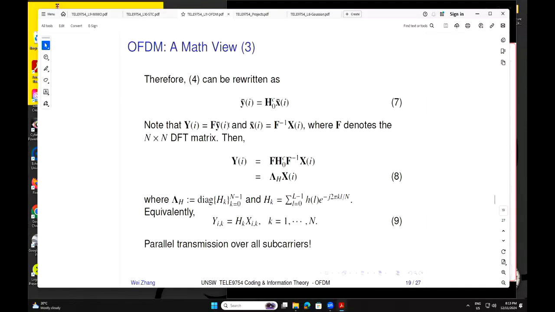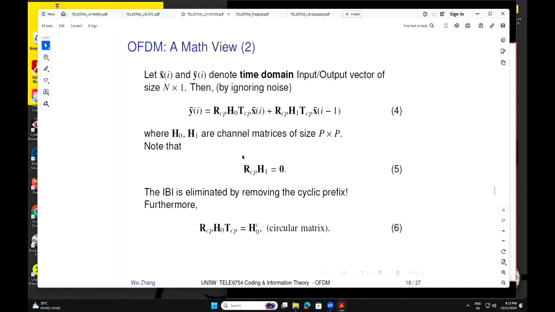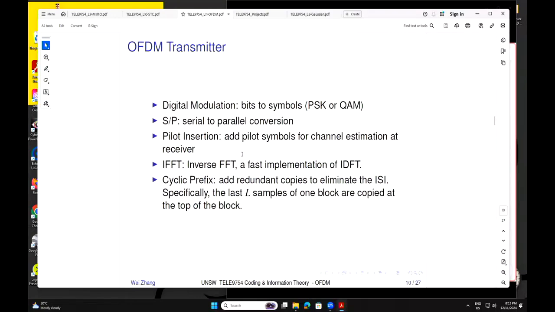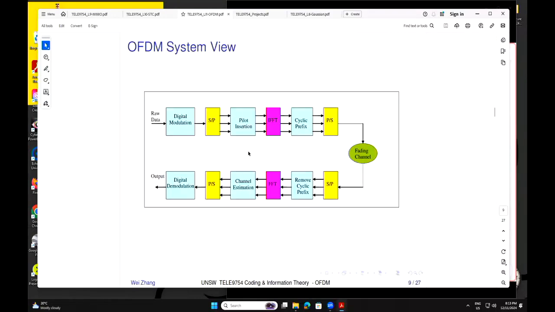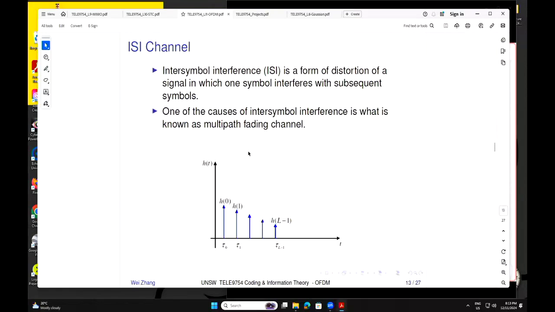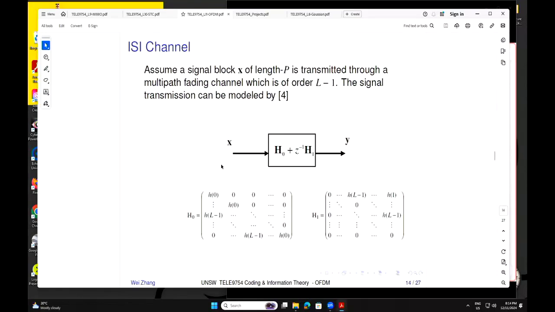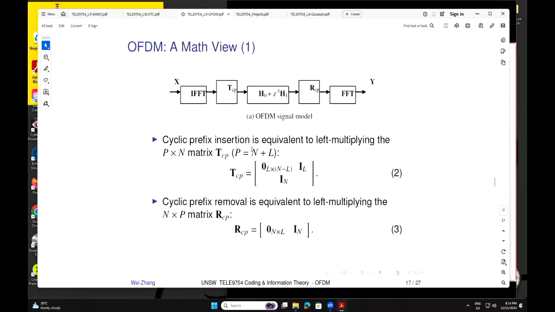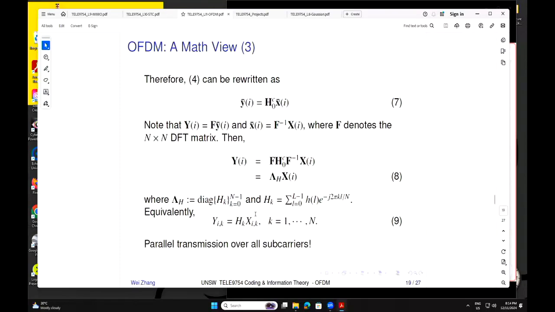You can skip this math view, due to limited time. You only need to focus on this block diagram to know its principle. If you really want to go into the math detail, it takes a lot of time, usually about 1 hour at least. We need to explain first what ISI is and why we can derive this model, and then how it can be transmitted, and how it can be received at the receiver. I want to skip this due to limited time.